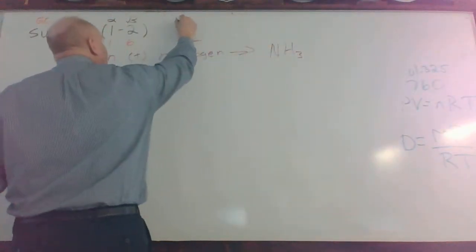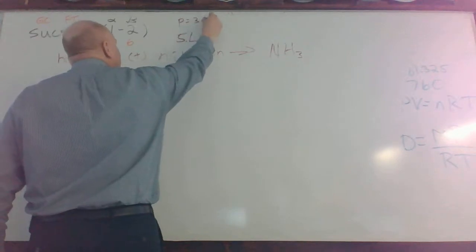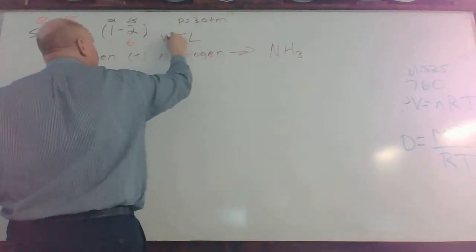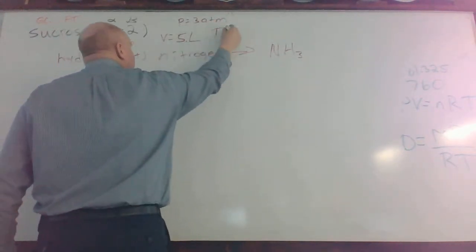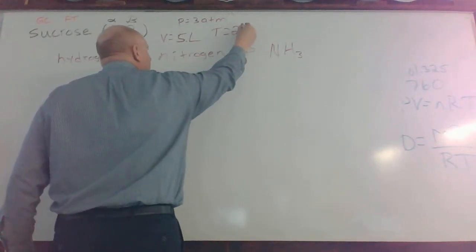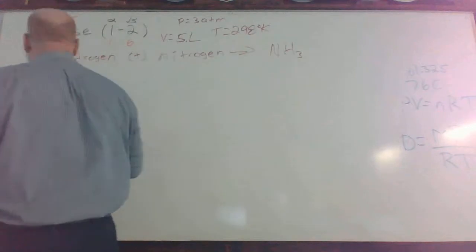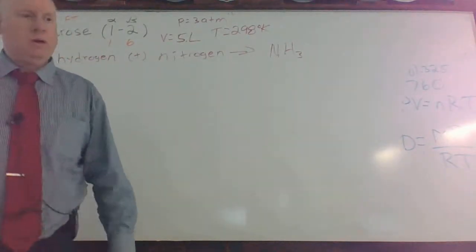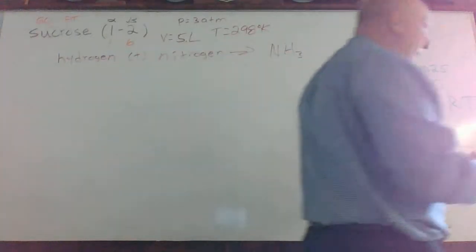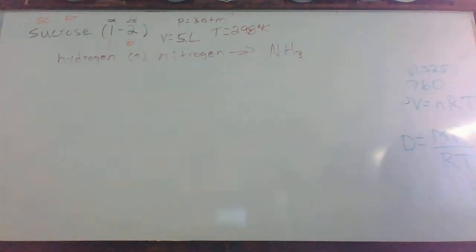So the pressure equals 3 atmospheres, volume equals this, and temperature equals 298 Kelvin. Okay, so what we're wondering is how many grams of ammonia gas will be produced.